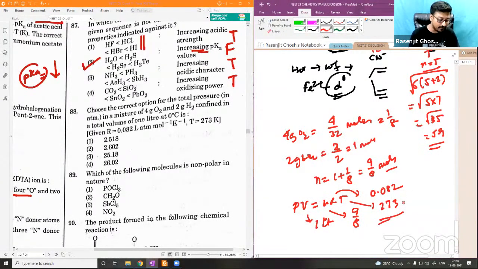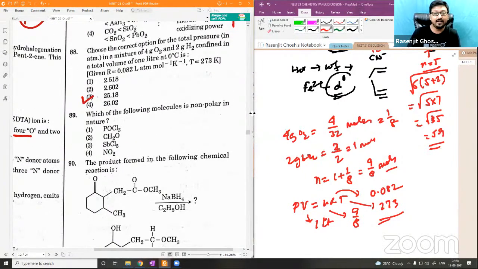Now, if you put those values, you will get the value 25.98 atmosphere. It's a simple PV = nRT based question. Very simple. Right.